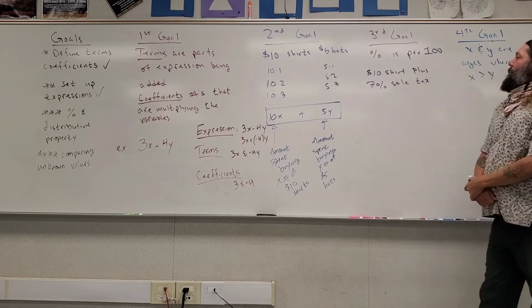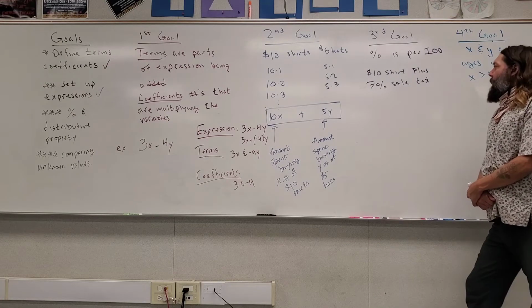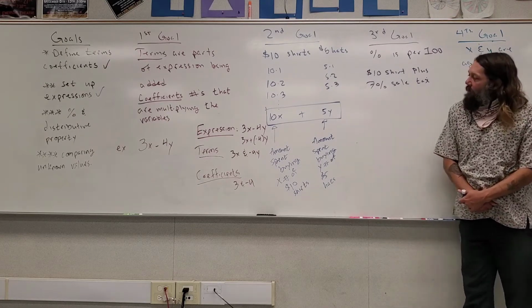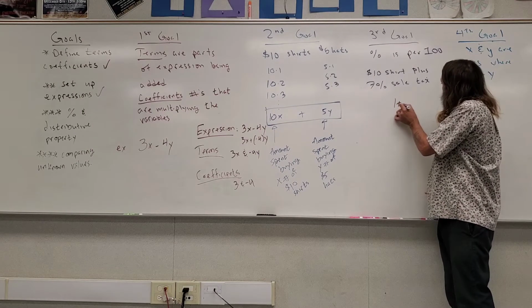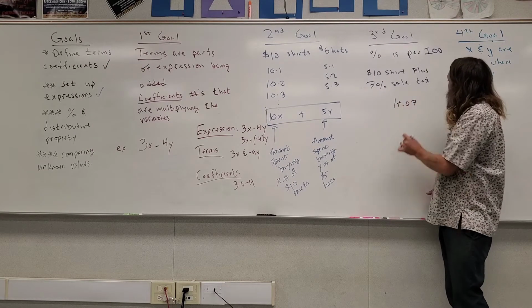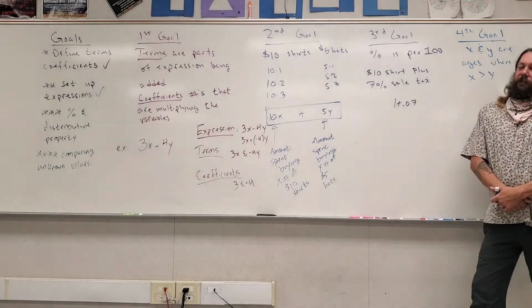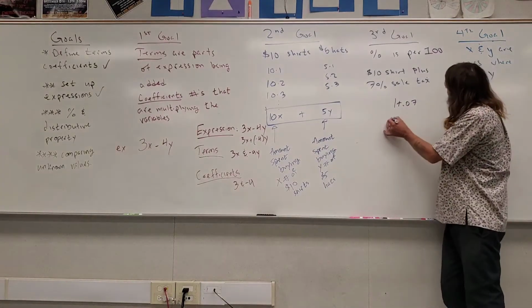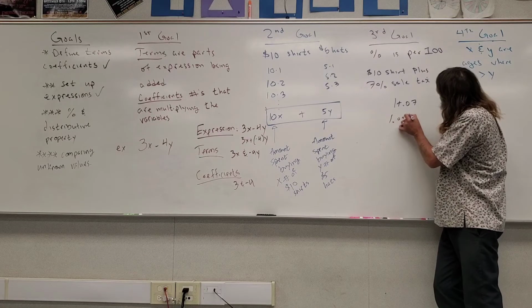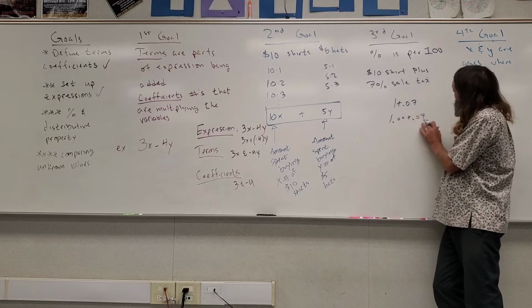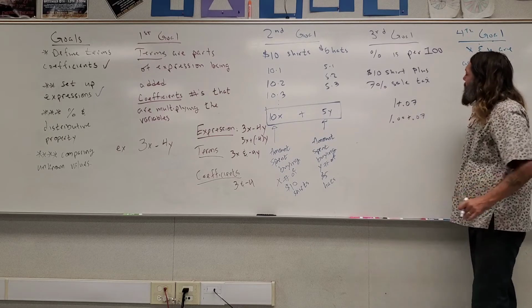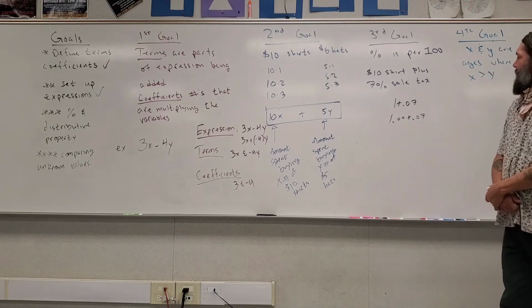All right. So what that means is for every dollar that we're going to spend, we're going to add 7 cents to that dollar. And so we could actually think of this as $1 plus 7 cents, or actually we're going to want to leave it like this. So $1 and 7 cents.